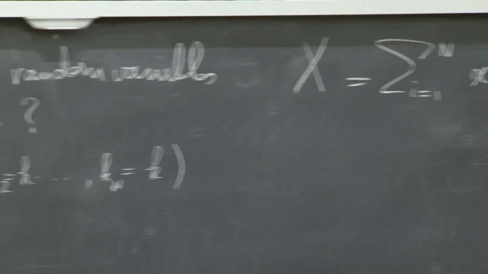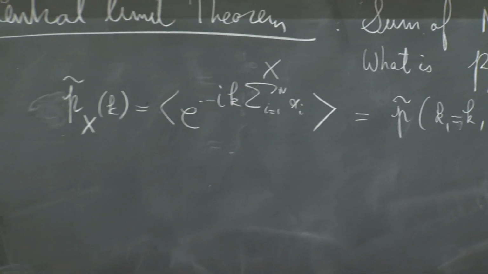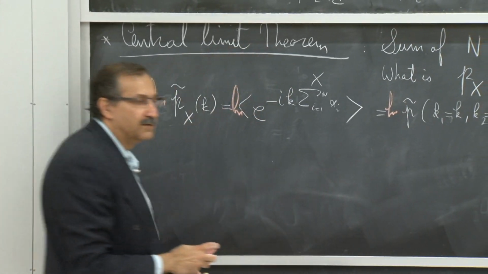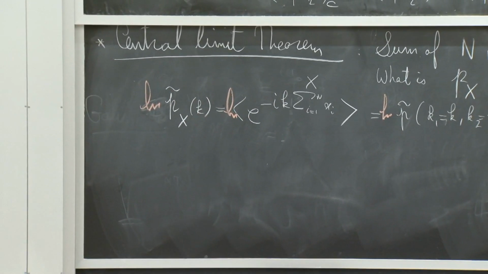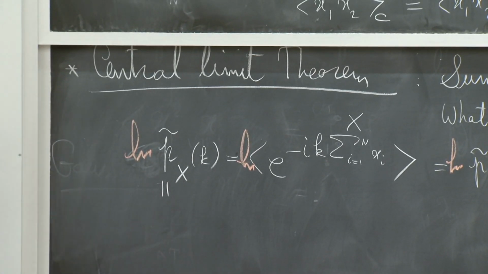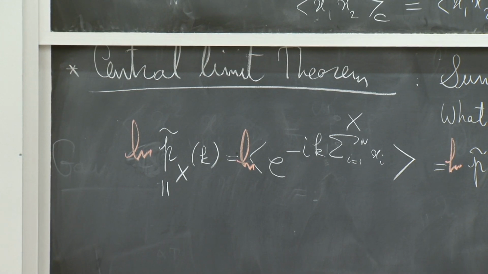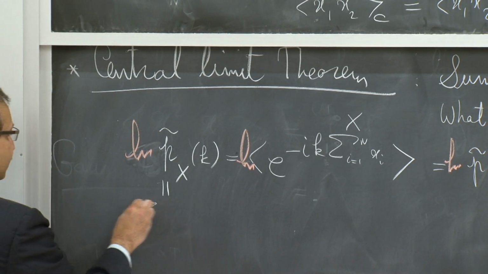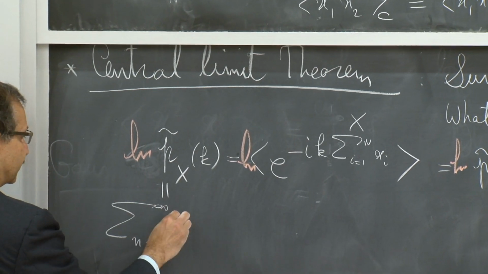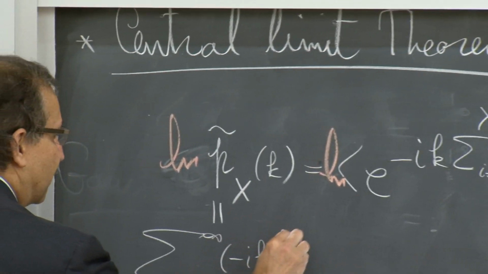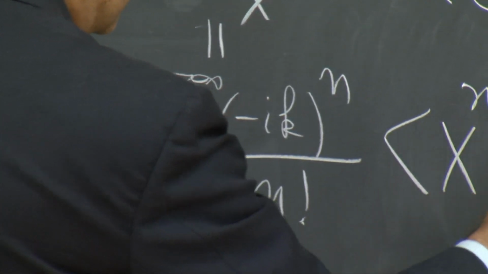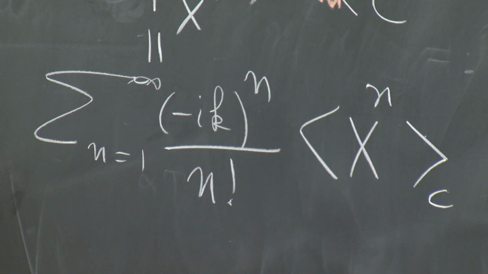So I can certainly do that by adding a log here. Nothing has changed. I know that the log is the generator of the cumulants. So this is a sum over, let's say, n running from 1 to infinity, of (minus ik) to the power of n over n factorial, times the joint cumulants of the sum. Right?